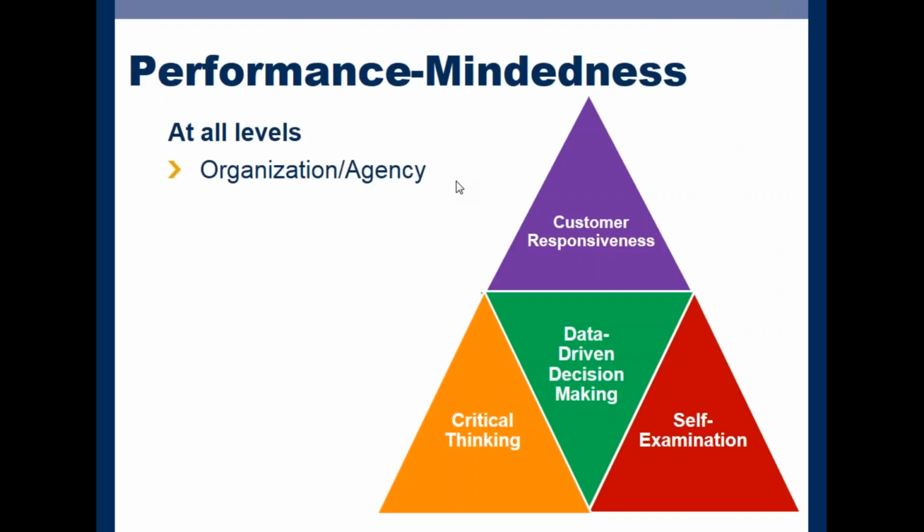Performance-mindedness happens at many levels, at the organizational agency level, at the department or the division level, within teams, and of course at the individual performance staff member level. And it's important at all of those levels that we think about and become aware of the value of performance-mindedness in our work.